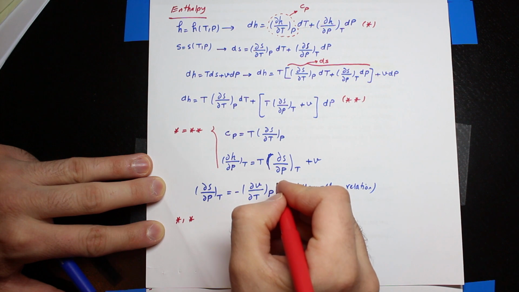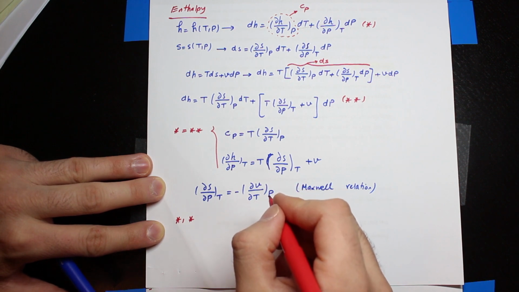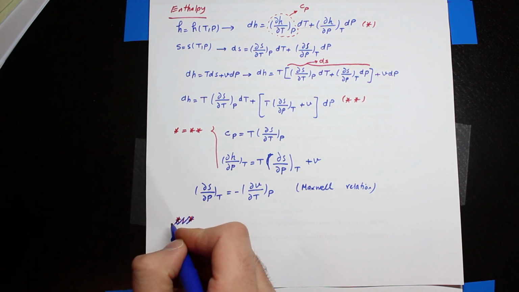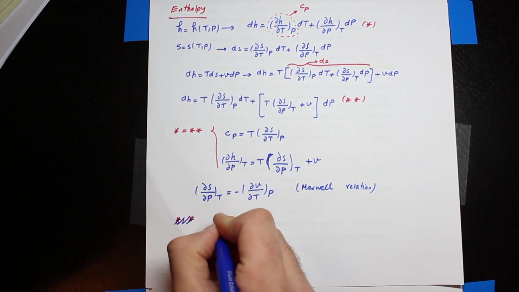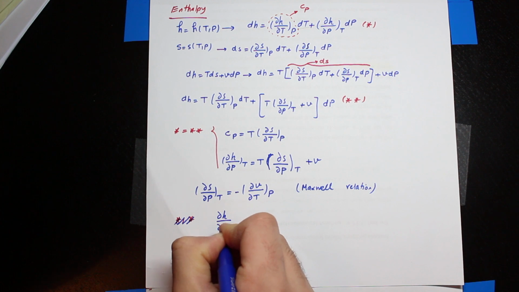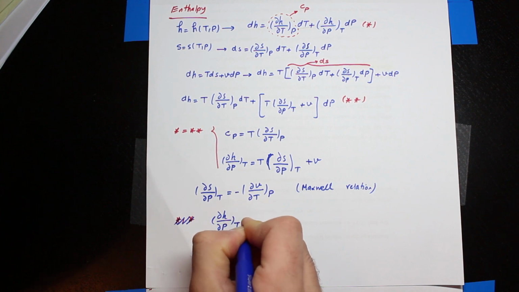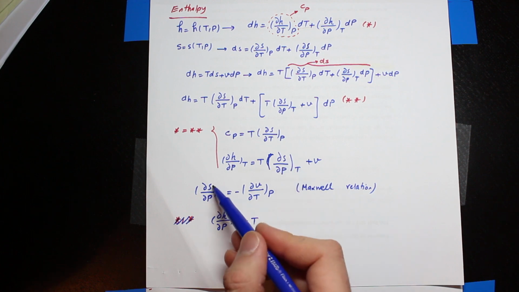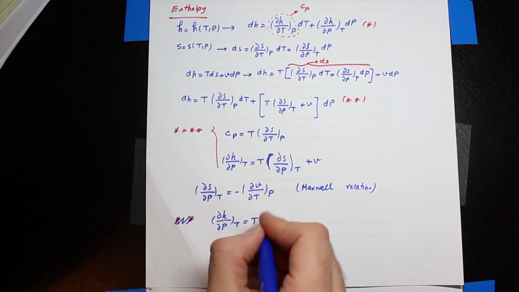Before calling this one 3, let me just rewrite this equation: partial H partial P for constant temperature is equal to T, and instead of partial S partial P for constant temperature, I will use this one.